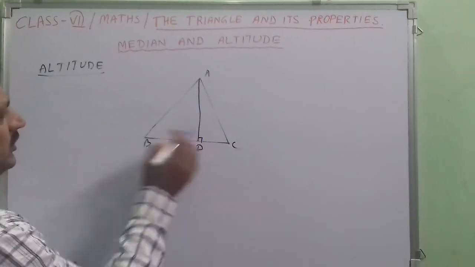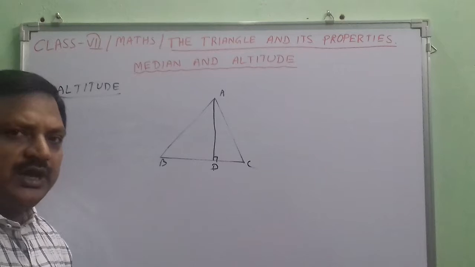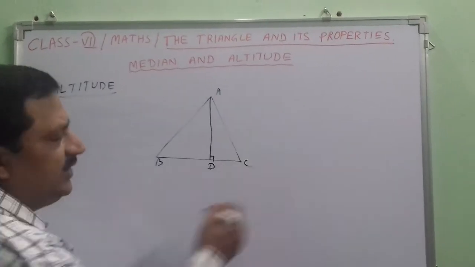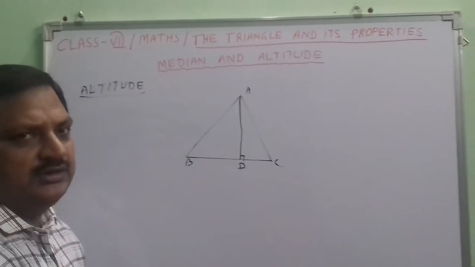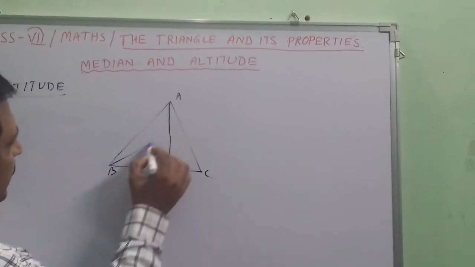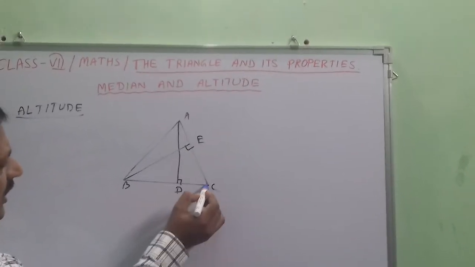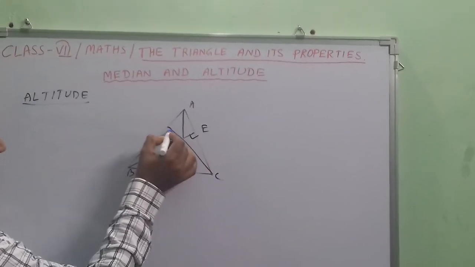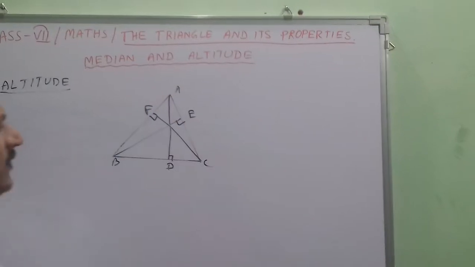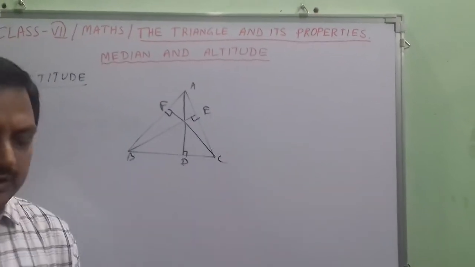As we have seen in median, as there are three different sides, there will be three different altitudes also. This is another altitude, and this is another altitude. So here also we have three different altitudes.